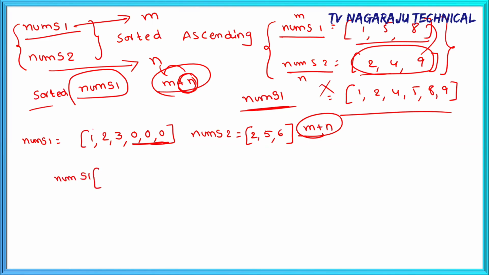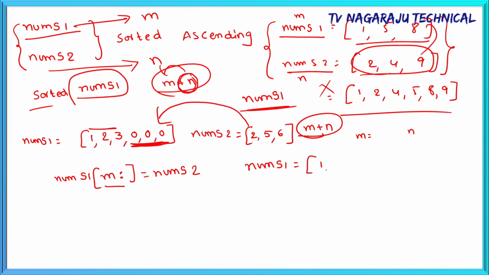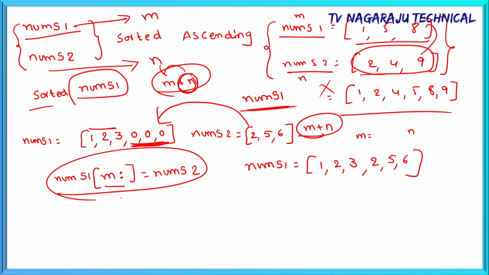What is given in the example? They given the m value and the n value. Nums1 of m colon is equal to nums2. From this position, simply we are assigning. Now, what is nums1? 1, 2, 3, 2, 5, 6. This is the meaning of that step.